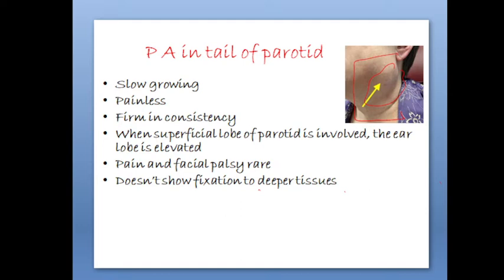Also, they are mobile, particularly during the earlier stages, but as they grow in size, they become immobile. And also, they are in the form of nodules.